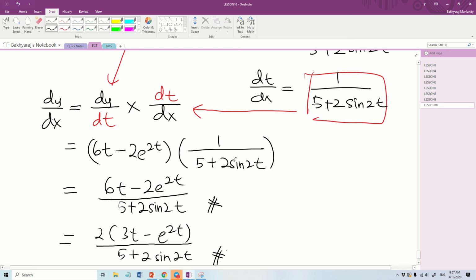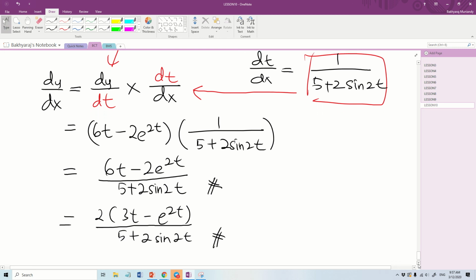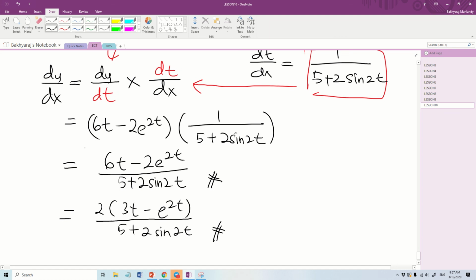If you don't do it, it's fine, I accept it, because the denominator doesn't really contribute. That's why I stopped here just now.